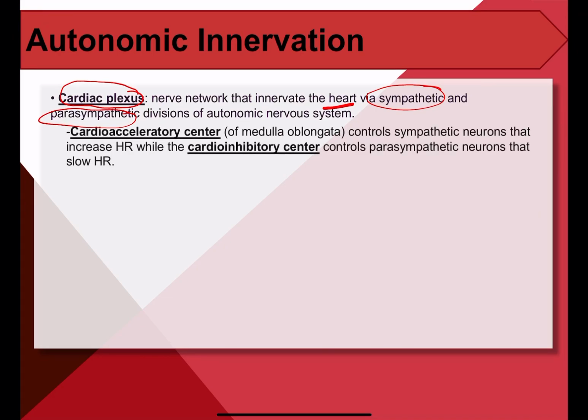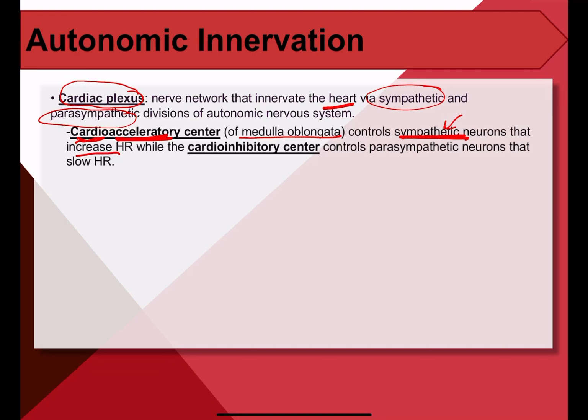The cardioacceleratory center within the medulla oblongata will control sympathetic neurons that can increase heart rate. So this is kind of easy to remember. Acceleratory, cardio, okay? That means it accelerates the heart, which means it must be innervated by those sympathetic neurons, because remember, sympathetic is your fight or flight, parasympathetic is your rest and digest.